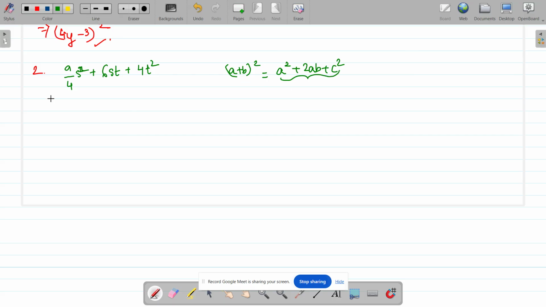This is the same as this: it will be some a square, some 2ab, and some b square, right? So we need to find a and b here, and write the terms in this form. This is given to us in the question and we need to find this part.